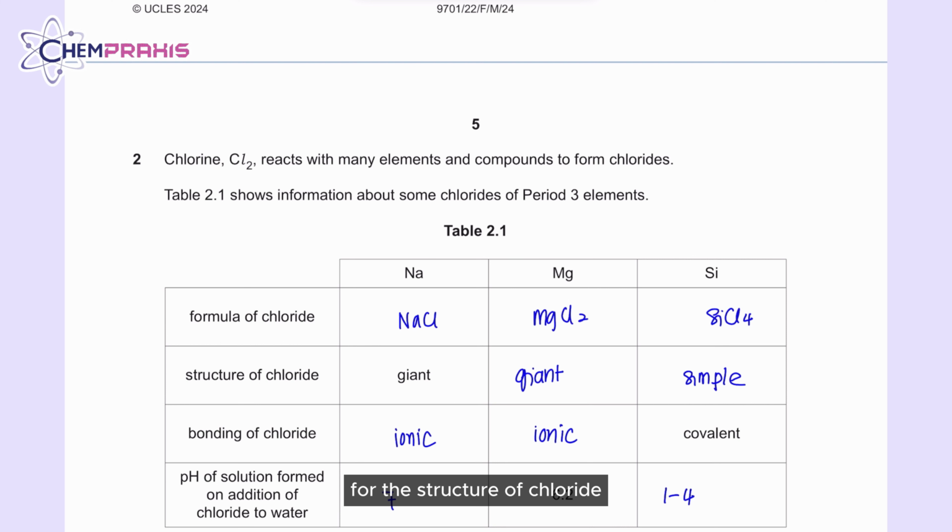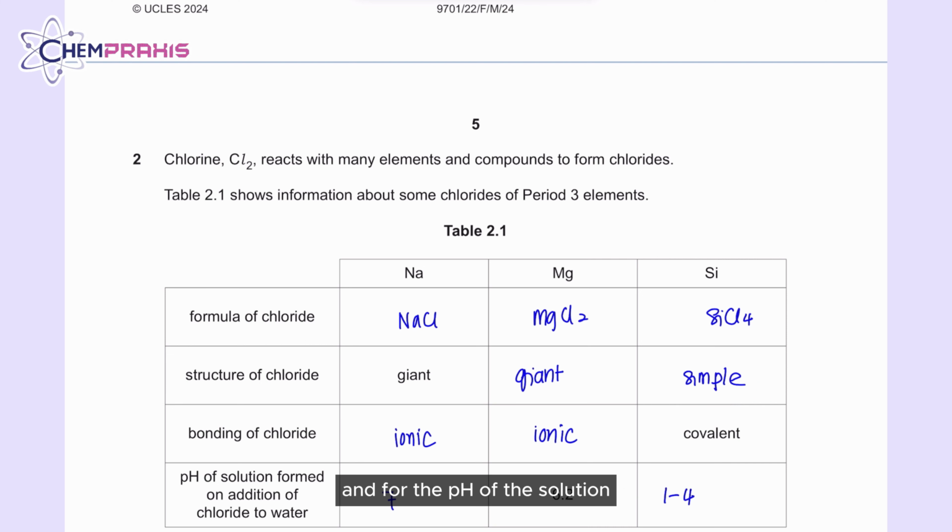For the structure of the chloride, because NaCl has ionic bonding, the structure is giant ionic lattice. So we need to put giant here. And magnesium chloride is an ionic compound as well, so also giant ionic lattice. And SiCl4 is a simple molecular structure, so we put the word simple here.